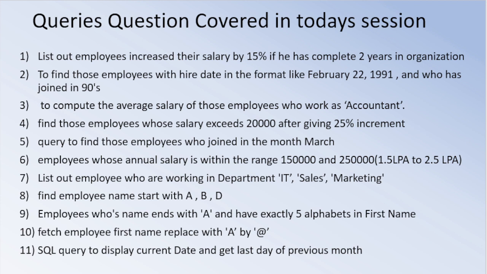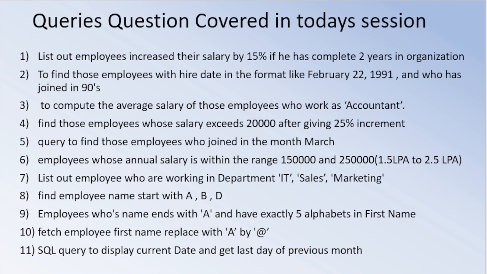Fifth, query to find those employees who joined in the month of March. Sixth is employees whose annual salary is within the range of 1 LPA to 2 LPA. Seventh is list out the employees who are working in departments IT, Sales, Marketing, meaning comparing with multiple departments.